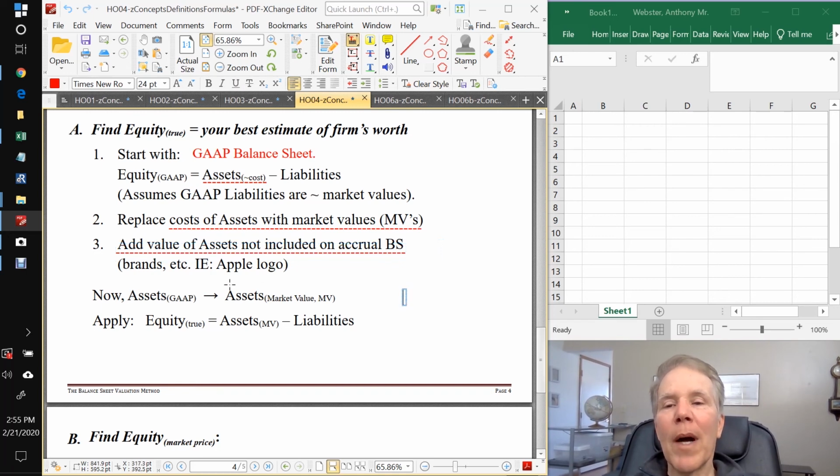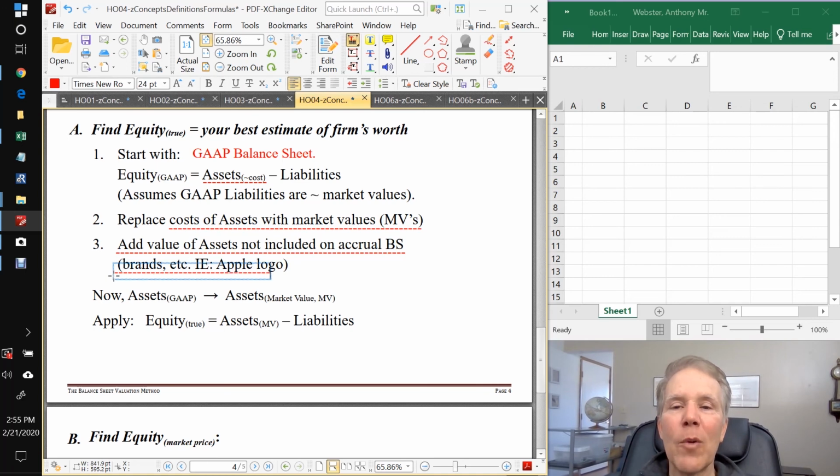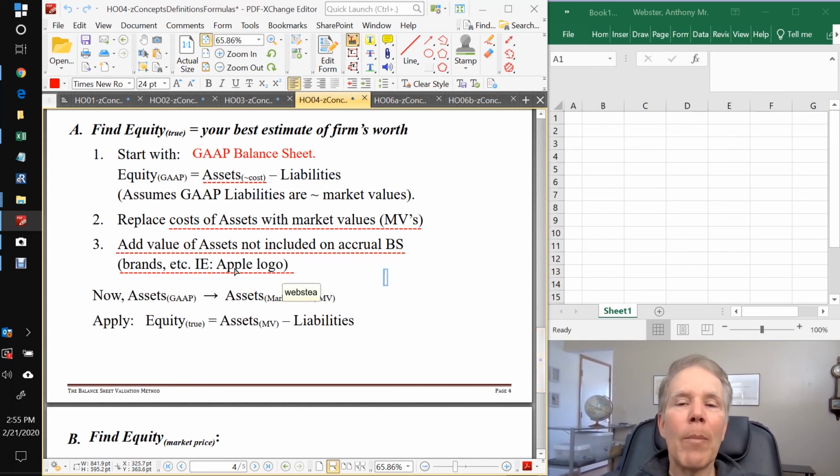And for you, my marketing majors out there, you know what I'm talking about. I hope you have heard in your marketing courses about the extraordinary value of brands, and I hope your profs complain to you how those are not recognized by GAAP accounting, and they probably should be. So, for example, the value of the Apple logo, clearly worth at least a billion or two, and it's nowhere on Apple's financial statements.